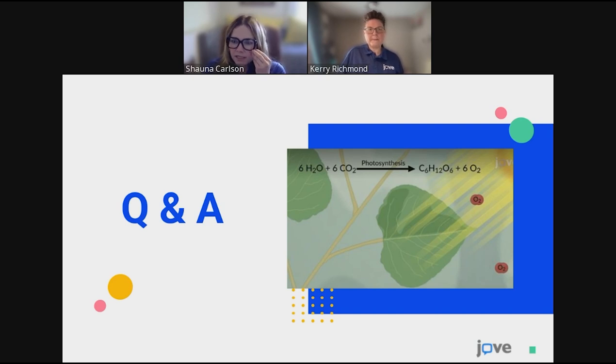And how about number 5? How can educators balance AI-powered learning with hands-on experiments and real-world applications in STEM? Yeah, that's a good one. So I would say AI is a really great tool to prepare and personalize your lessons, but the hands-on learning is essential for that deeper understanding.